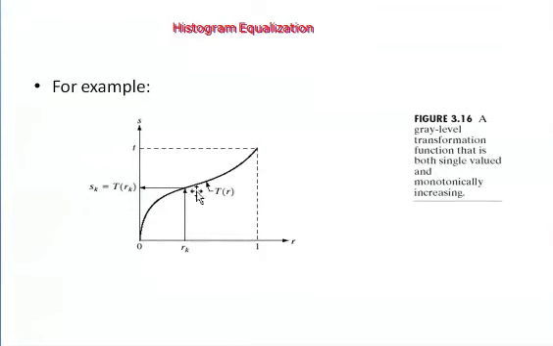It could not be flat like this, because if it is flat, for many values of R you get the same value of S. In this case, we cannot get the histogram equalization.